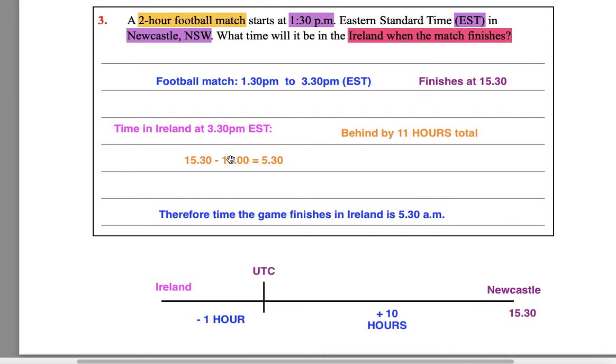So I would actually do 15:30 minus 11 to give me 4:30. Don't worry, this will be fixed up on yours. And your game finishes at 4:30 a.m. in Ireland. So one way you can think about this is you have got 10 hours here and another hour here, so a total of 11 hours. So it's behind by 11 hours. So I minus.